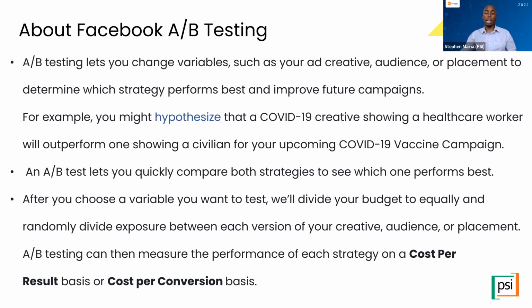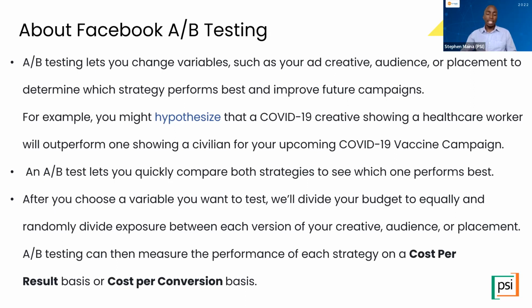For example, you might hypothesize that a COVID-19 creative showing a healthcare worker will outperform one showing a civilian. We could also say targeting younger audiences could help our campaigns perform way better than if we're targeting older audiences, and so on and so forth.